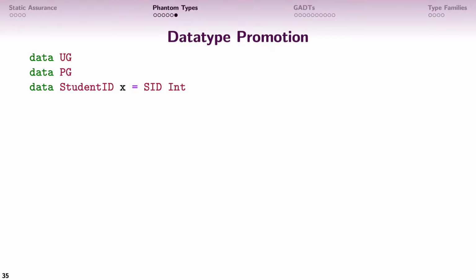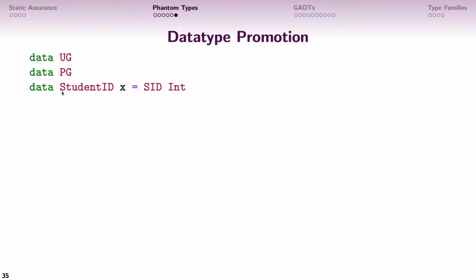But what else is of kind star? We have integers, they're of kind star. Booleans, they're of kind star. So that means I could say something like student ID string or student ID boolean. Well, that doesn't make sense. We only ever wanted the two possible tags to be UG and PG.